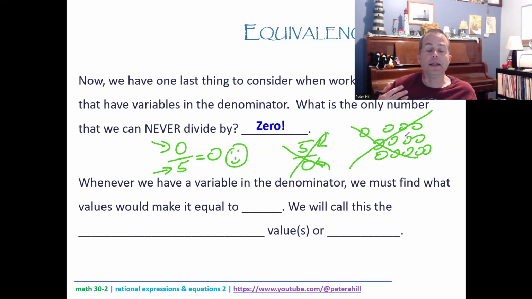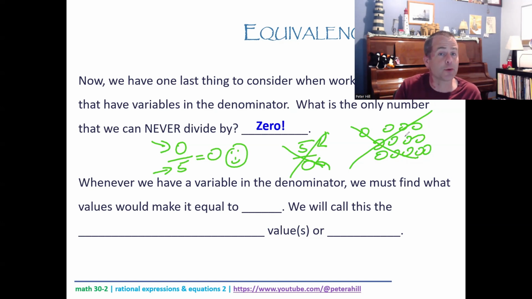Now, if we have variables on the bottom of a fraction, then as soon as we write a variable, we are saying that variable can be anything we want. That's not entirely true, so we need to state what are called non-permissible values or restrictions. We need to state what that variable is not allowed to be.